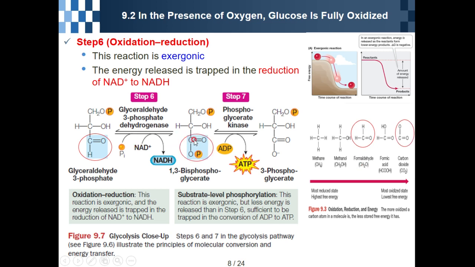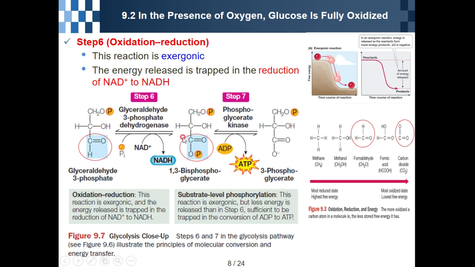For example, this one has carbon and 2 oxygens. This status looks like carbon dioxide, so it means their initial energy is higher. Finally, their product is like this. So this is an exergonic reaction. Exergonic reaction means that energy is released.